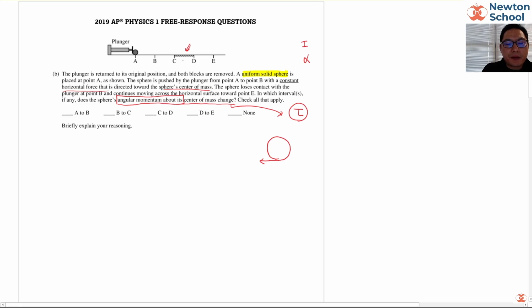So if you get to point C to D, right now it's moving with a certain velocity. But once you reach C and D, there'll be friction and this will make it rotate. Now this gets to a tricky question. So I know the answer, which will be C to D, but I'll explain what happens throughout.